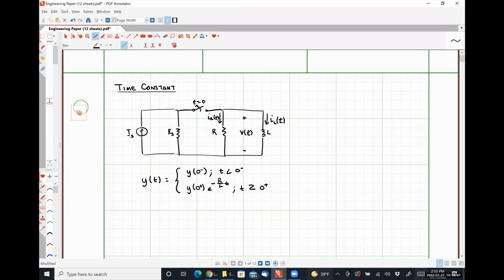So engineers have given that rate of decay for this system a special name called a time constant.